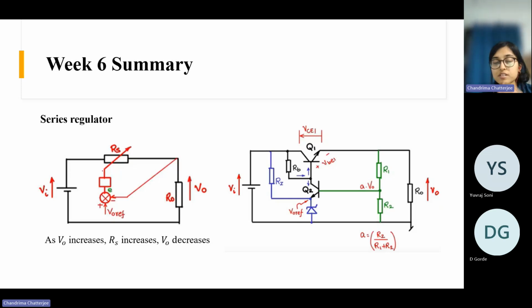Okay, because here Vi is the summation of, suppose we call this voltage VRS, okay, VRS. So Vi is the summation of VRS and V out.